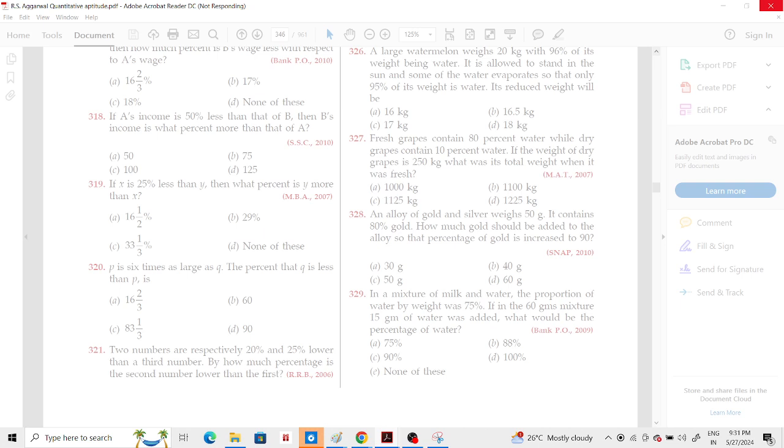Wait, so many apps are open now, it is getting hung. If R.S Agarwal is open in front of you, can you please do number 314? 314, 314.